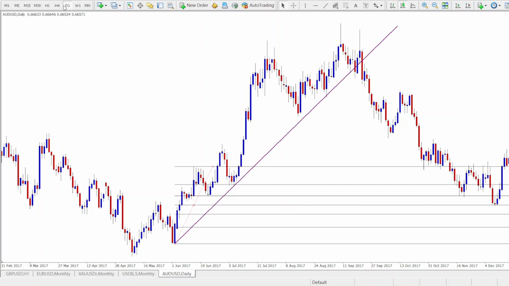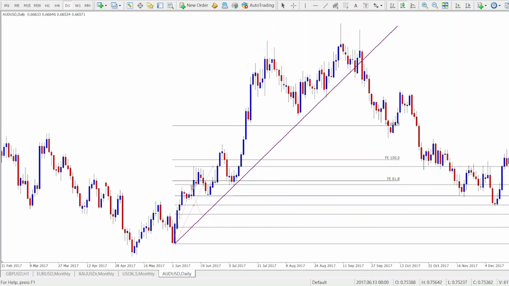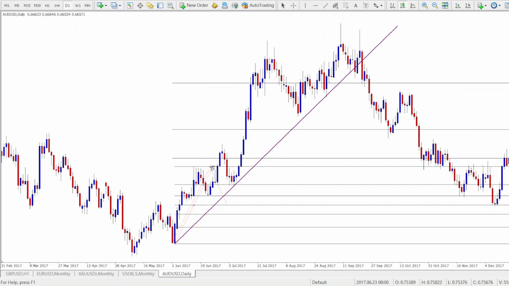So let us insert the Fibonacci expansion. Okay, now in an uptrend, you start from the swing low, and you drag to the swing high, right? This is our swing high again in this case, right?